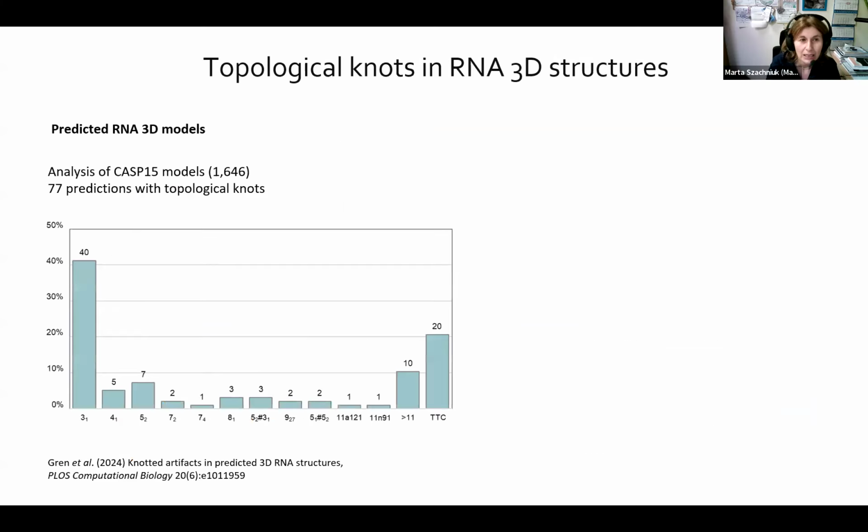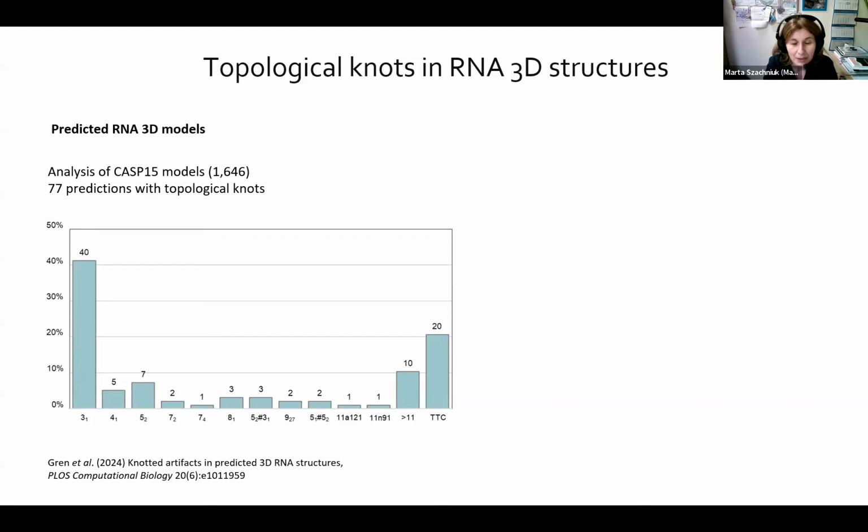In the predictions submitted to RNA puzzles, we didn't observe two types of lassos with dinucleotide step as a lassoing element. Okay. Now regarding topological knots, we also scanned all these subsets, trying to find what kinds of topological knots we can find there. And here the results of analysis of CASP15 models.